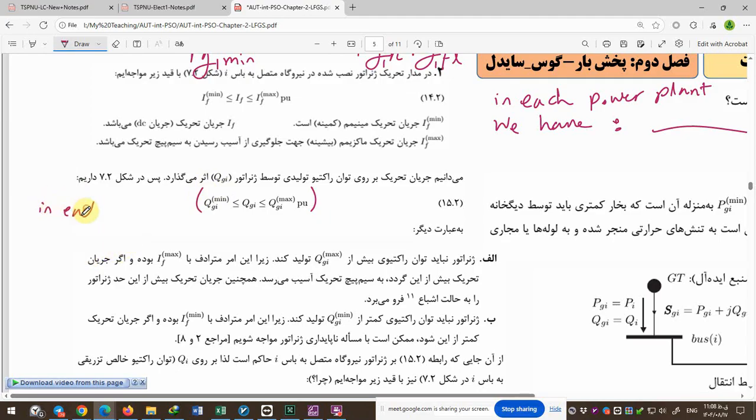In each power plant, the reactive power generation of bus number i is limited to its maximum and minimum.